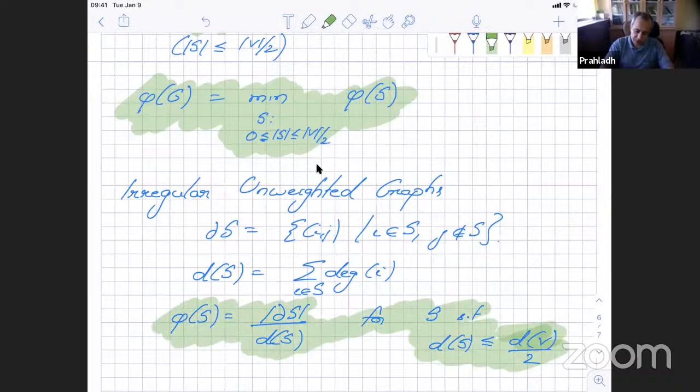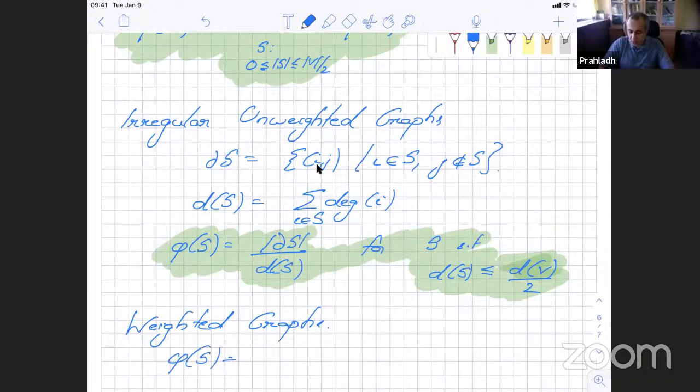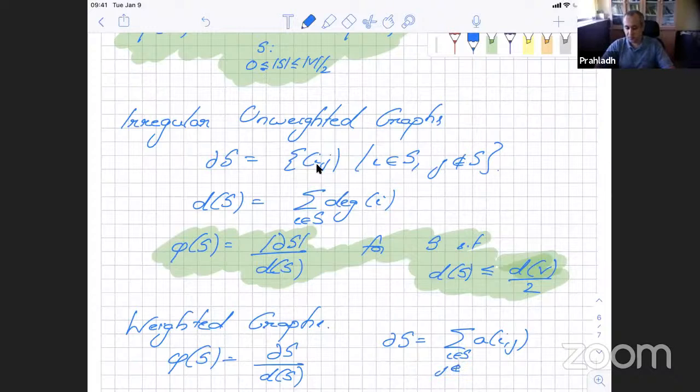Okay. And once you define it for irregular graphs, now you can go all the way to general weighted graphs. For weighted graphs, phi of S, I'm going to define it to be just dou of S by d of S, the same definition, where dou of S now just refers to the weight of all edges, the sum of the weights a_ij, i in S, j not in S. That's going to be the sum.